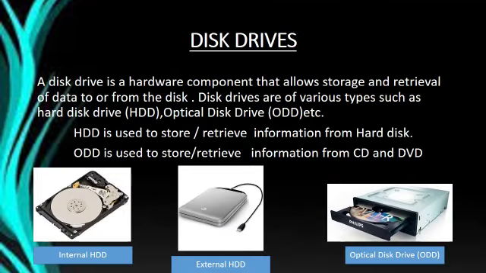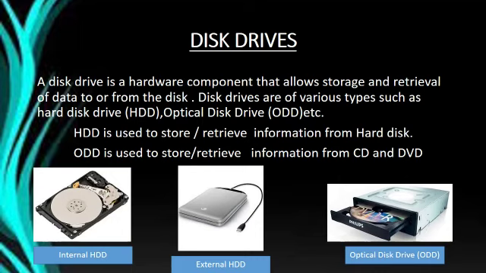Next one, disk drives. We have many devices to store data and information. In order to store and retrieve information from these devices, a special hardware component is needed, which is called disk drive. There are two different types of disk drive.